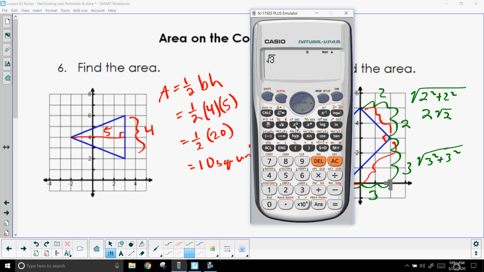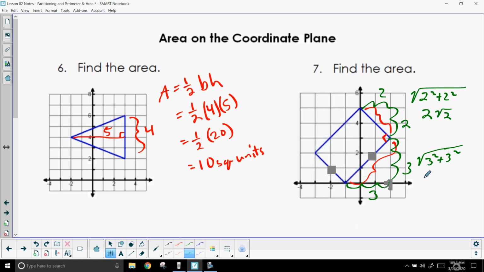I'm going to multiply these because this will be the width, this will be the length. We're going to just make this one the base and this one the height. Base times height, so 3 root 2 times 2 root 2. And it can be either one in this case because it's a rectangle.